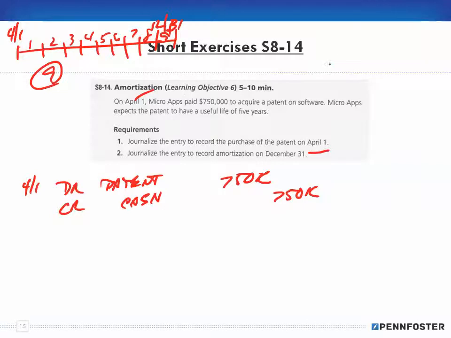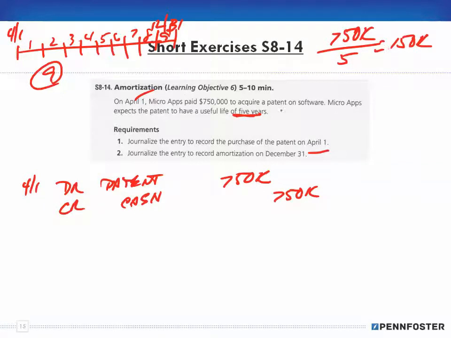All right, so if we have 750,000 and we're depreciating it over 5 years, that's 150,000 per year.